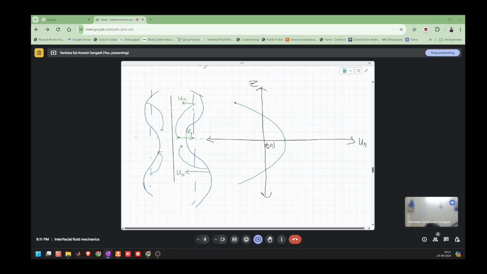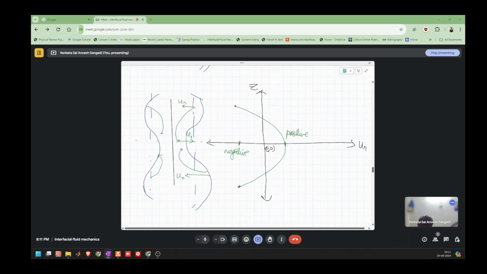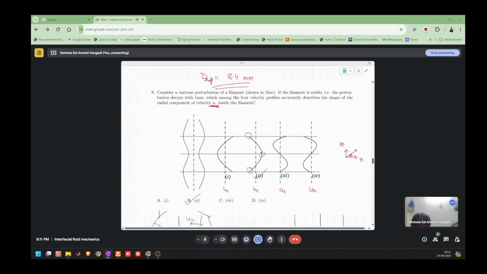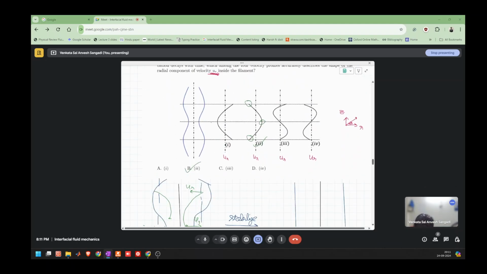And then again at the bottom, we have a negative value. So this is positive, this is negative. Therefore, the correct option is B.